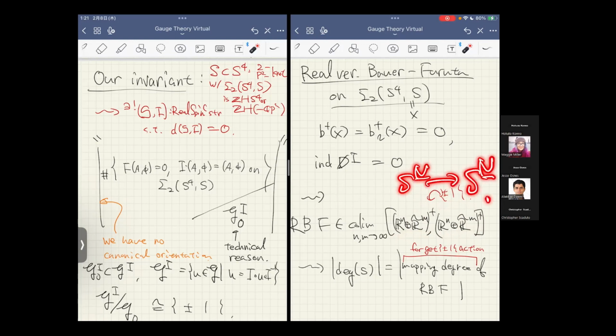They have the same dimensions, so we can take the mapping degree of this map. So this is an alternative definition of our invariant.